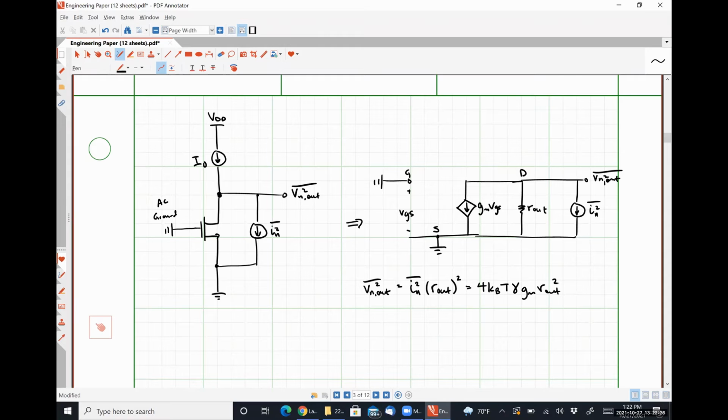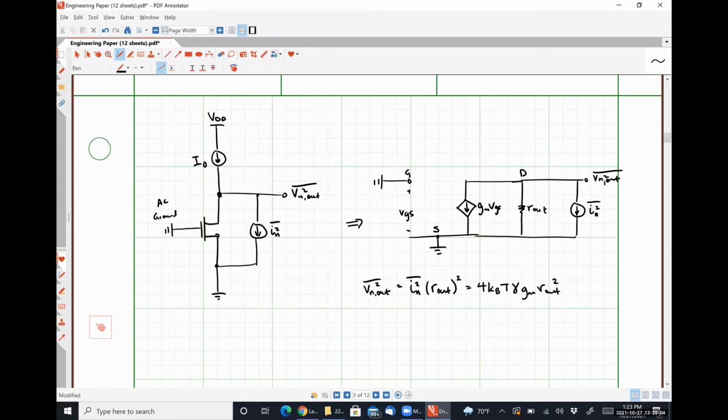So for the common source, the gate terminal is connected directly to ground. And because of the type of transistor amplifier that we have, the source terminal is also connected to ground. Well, for a common gate amplifier, it looks like the exact same thing, right? So this is valid for both.